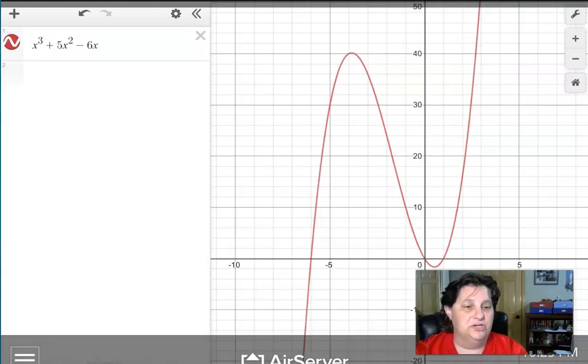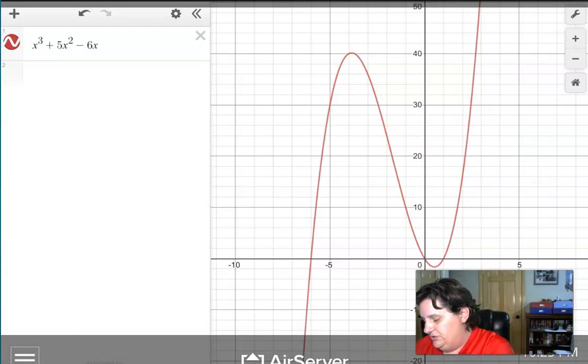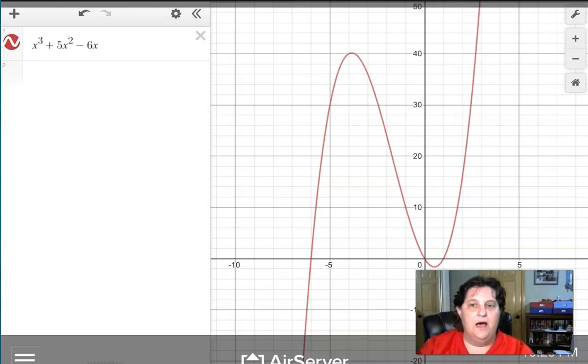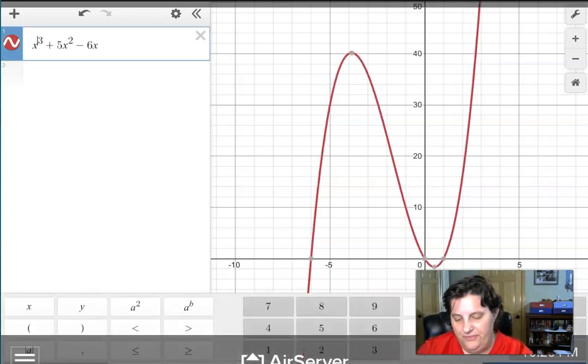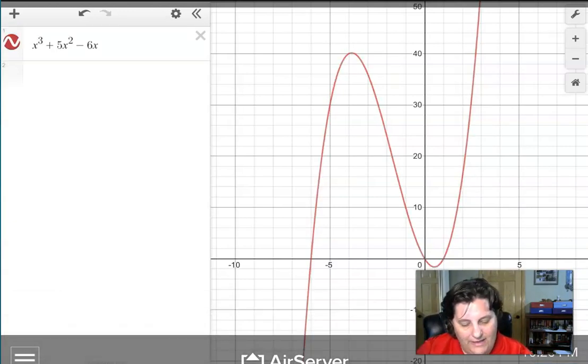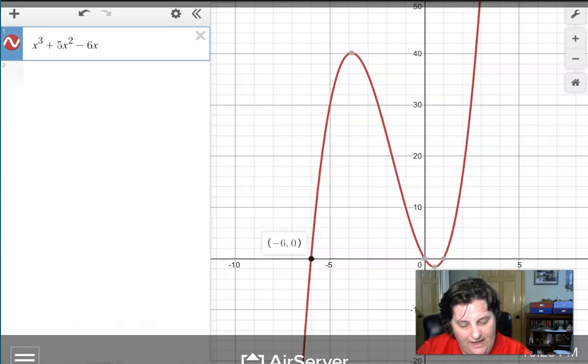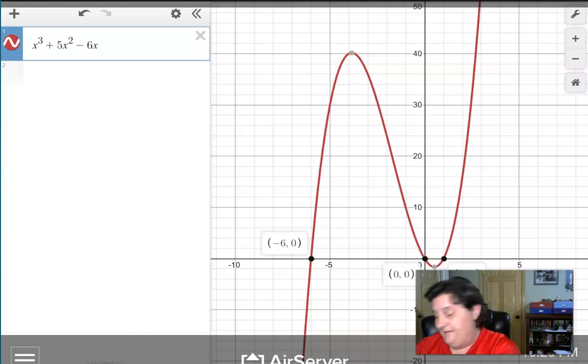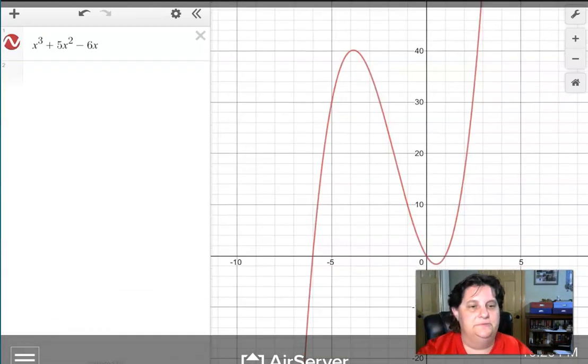How many solutions should I have? Okay, I have to have 3 solutions because it's an x to the third. Now, how many x-intercepts do I have? I'll actually put them on there for you so you can see how many x-intercepts you see on this graph. Okay, 3 solutions, 3 x-intercepts.